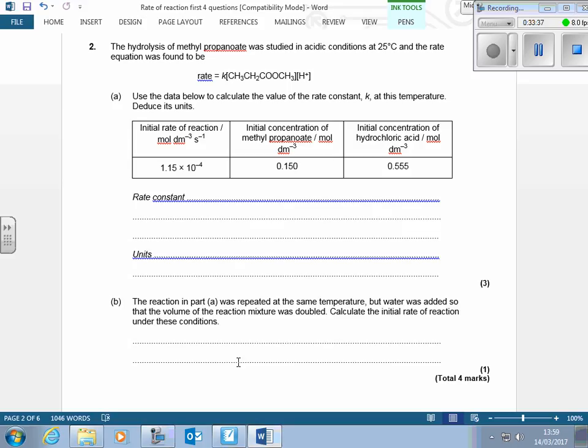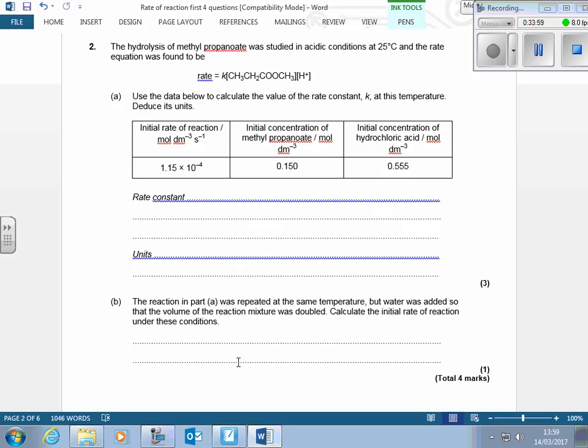That's the methyl propanoate that we've got there. I would be very tempted to abbreviate that to something because its actual formula doesn't matter. And you'll find when we do the rate questions like this, there's a similar sort of question where they just call that X.